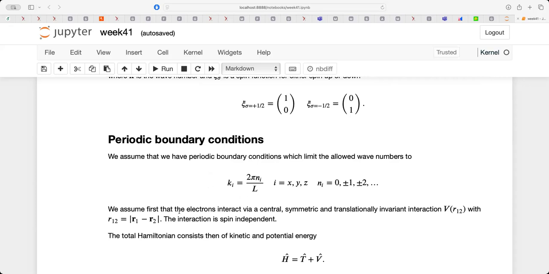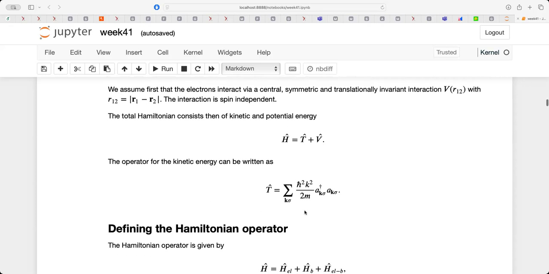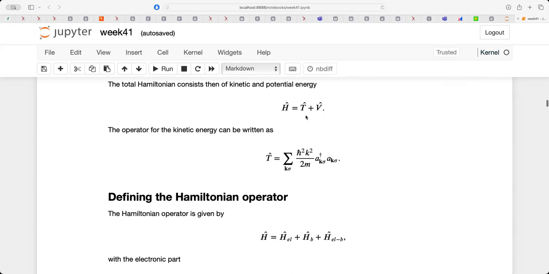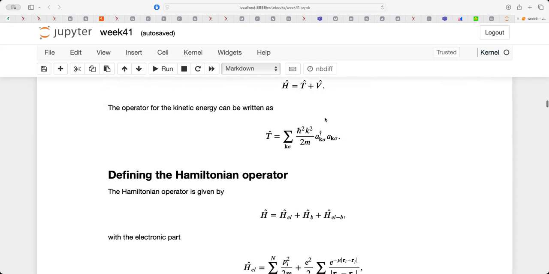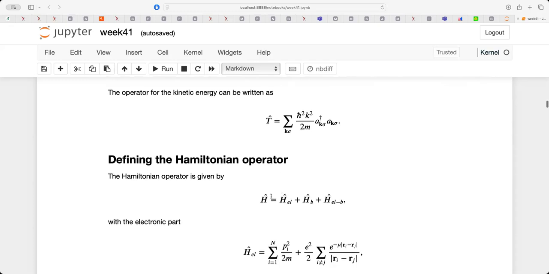And yesterday we also defined the Hamiltonian, and we calculated the kinetic energy. So this is a system which has kinetic energy plus some interaction piece, the electron-electron part. The Hamiltonian itself is going to contain an electron-electron repulsion. There's going to be a background from the ions, and then the electrons also interact with the background.